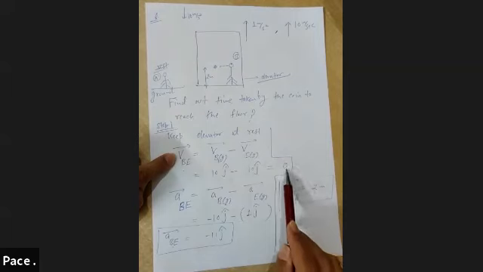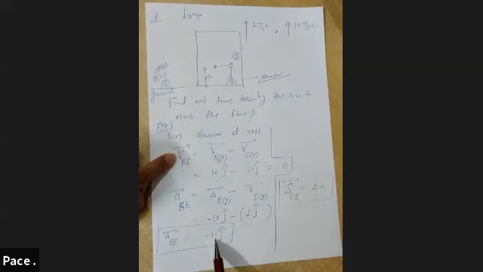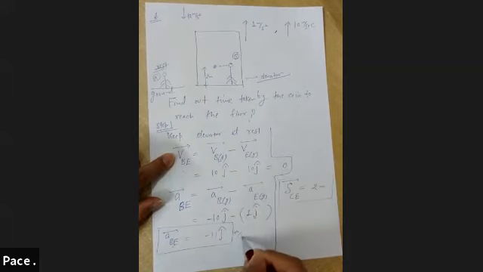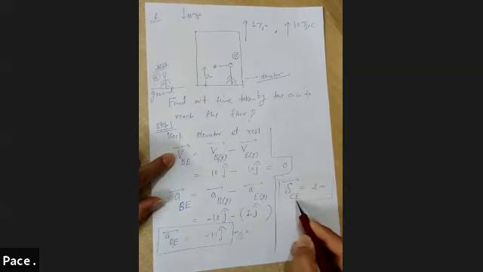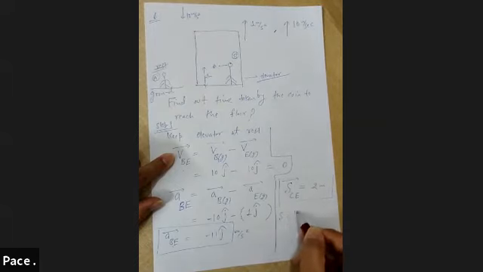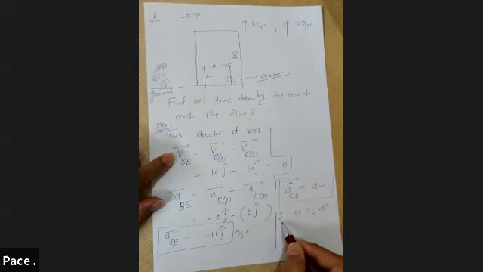Velocity comes out to be 0 and acceleration of coin with respect to elevator comes out to be minus 11 meter per second square, and the displacement of coin with respect to elevator is 2 meter. And now simply you can use the formula s is equal to ut plus half at square, and all the terms would be with respect to elevator.